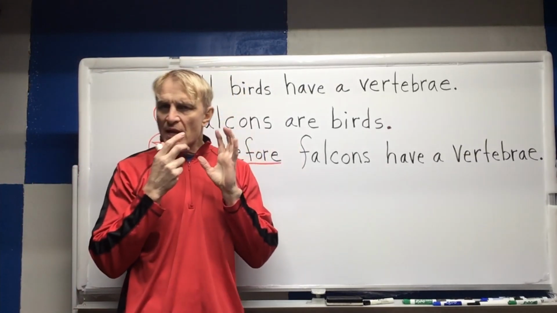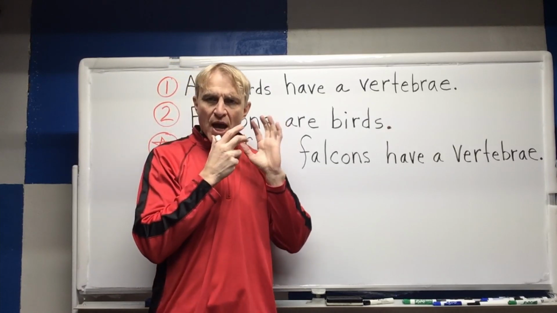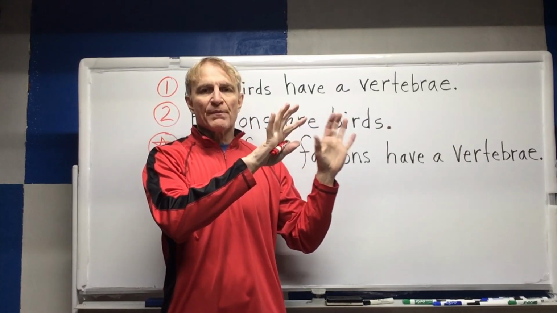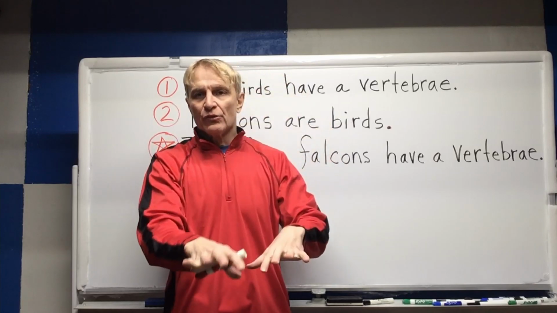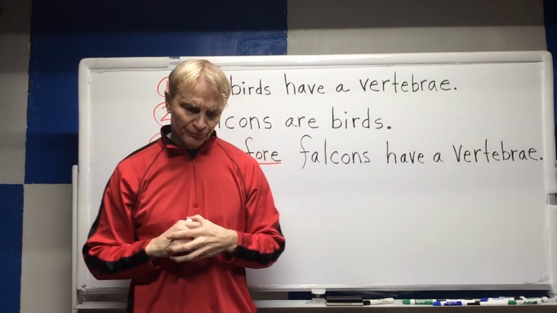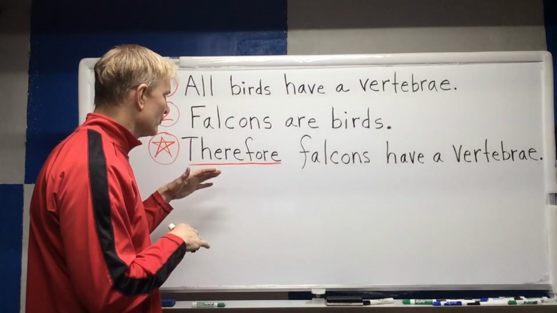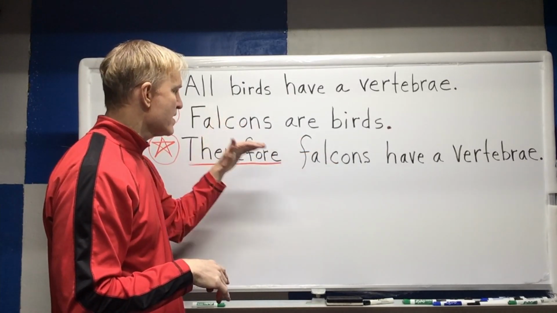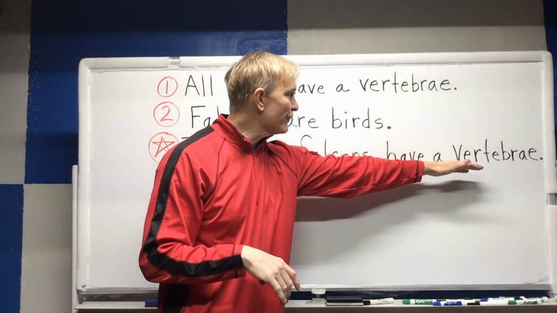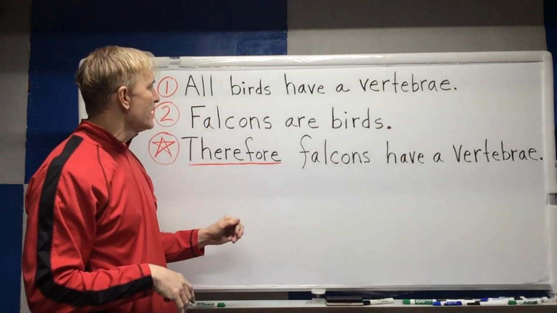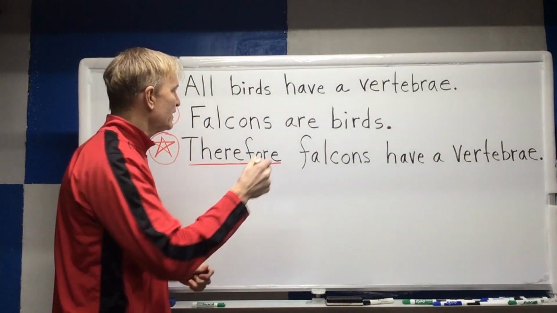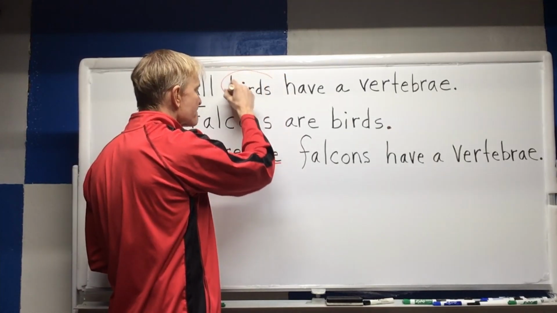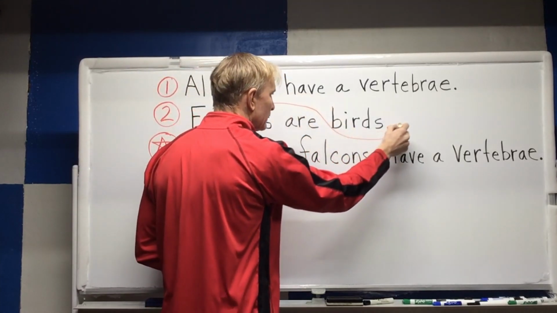I'll just look and think about how the premises are related to the final conclusion. When I look at the conclusion, I see both falcons, which is here, and I also see the word vertebrae, which is up here, and I see that these are tied together, essentially.